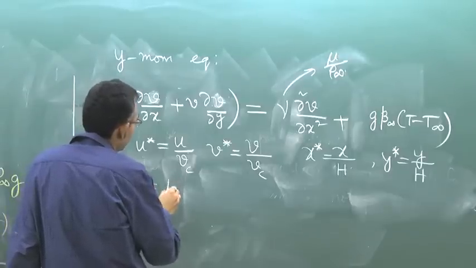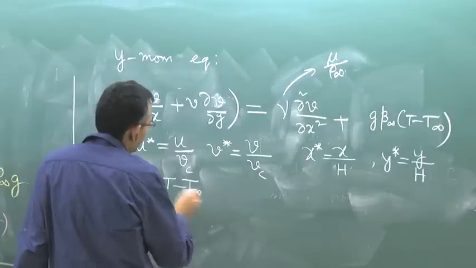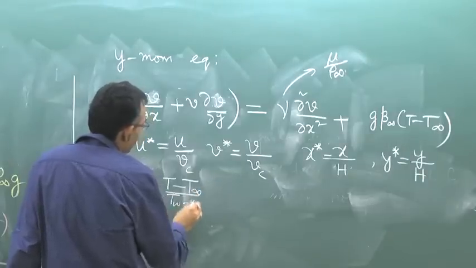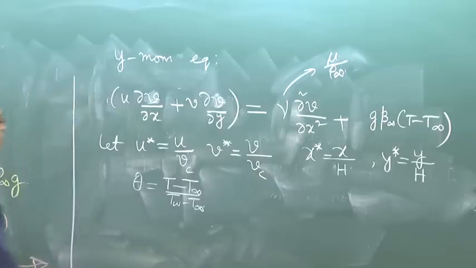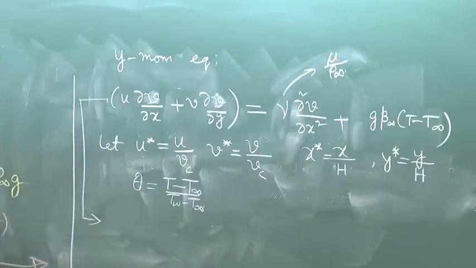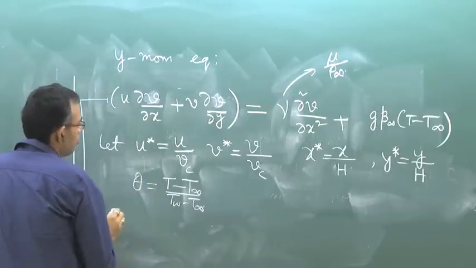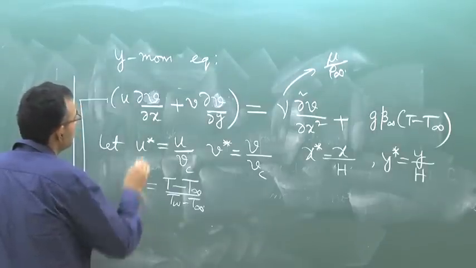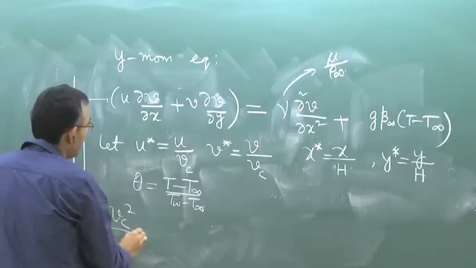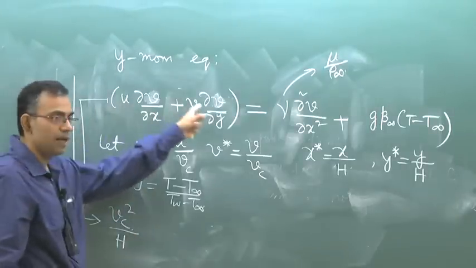And theta is T minus T infinity by T wall minus T infinity, the non-dimensional temperature. So what will be this term? U will be Vc square by h, right? This term as well as this term.